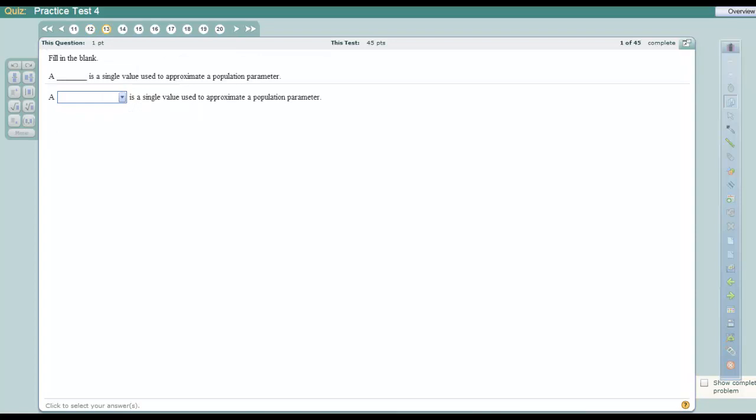Blank, single value used to approximate a population parameter. Ideas before I show you the choices. Okay, there are your choices. A single value used to approximate a population parameter is what? Point estimate. Very good. Point estimate would be right.